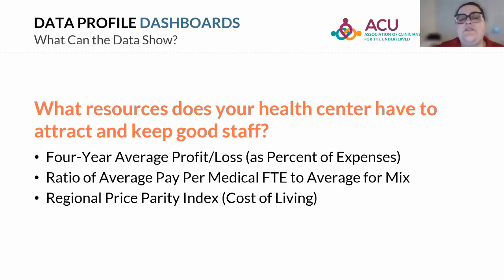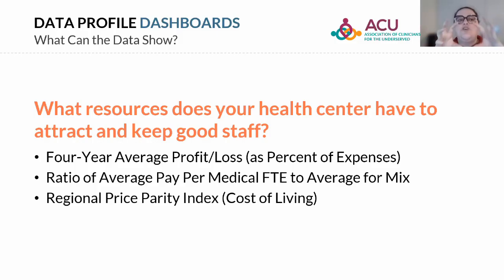We're also looking at the question, what resources does your health center have to attract and keep good staff? That's really critically important. So we're looking at things like, for example, the ratio of average pay per medical full-time equivalent to the average for the mix, or regional price parity index. So this is where we're looking at cost of living, percentage of expenses.